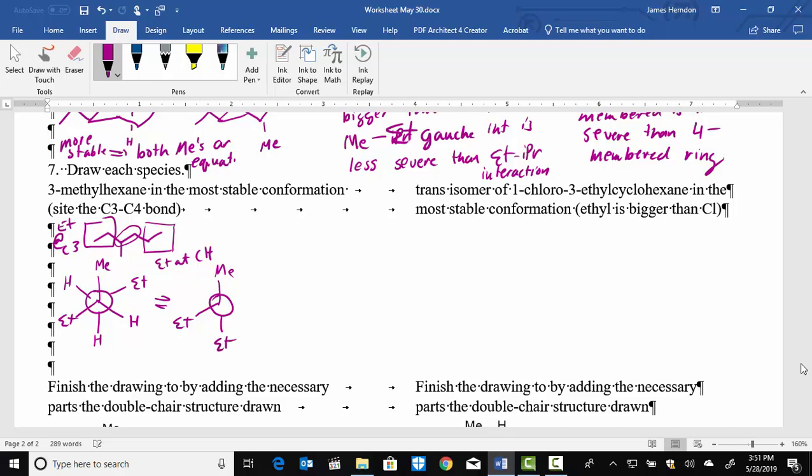And I'm just going to rotate the back one by 120 degrees at a time. Keep the front one the constant. There we go. And let's just say that we're going to probably choose this one as being the most stable.